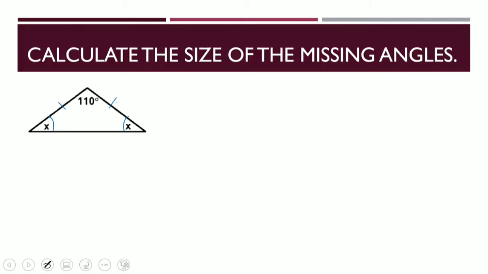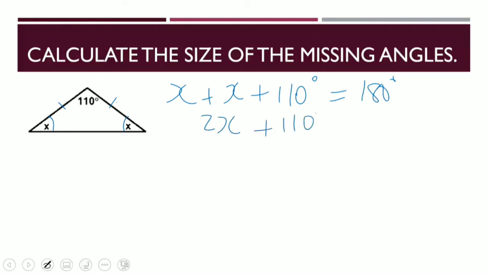We just go ahead now and write down again the fact that all three angles add up to give us 180 degrees. Which means, X plus X is 2X, plus 110 degrees equals 180 degrees.